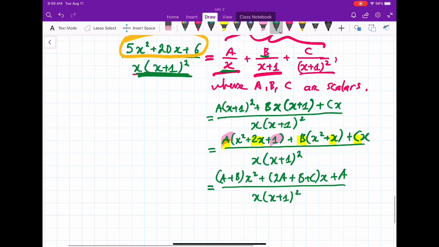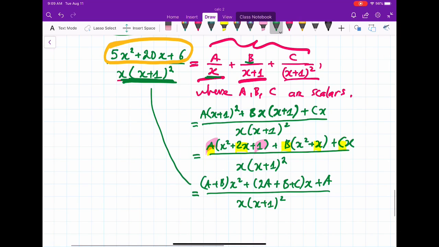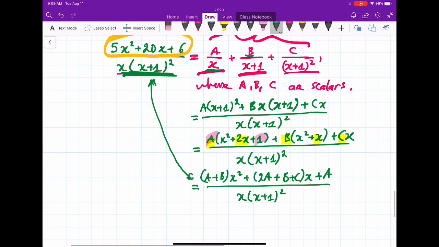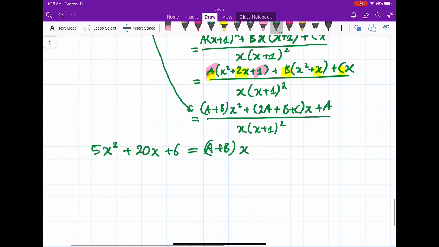You see, this function is equal to this one. They are the same, right? That's why you have 5x squared plus 20x plus 6 equal to (a plus b) x squared plus (2a plus b plus c) x plus a.